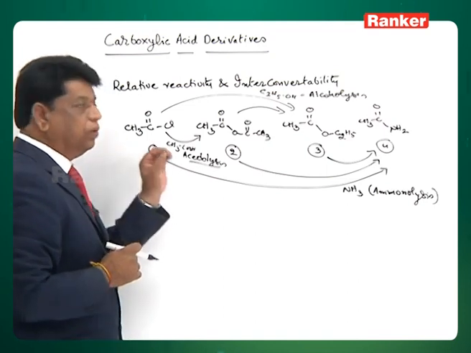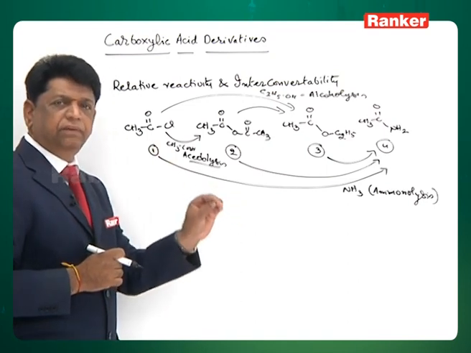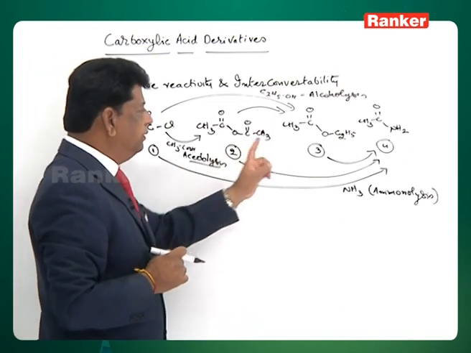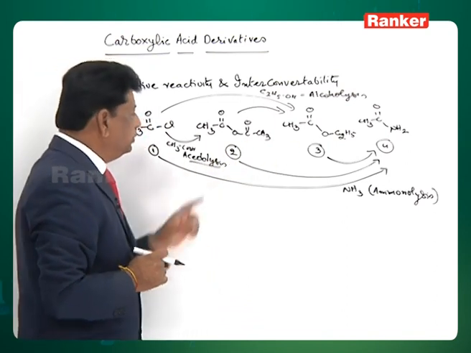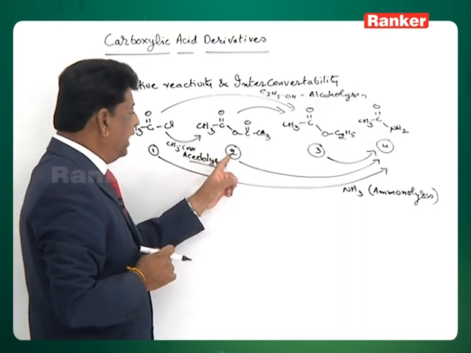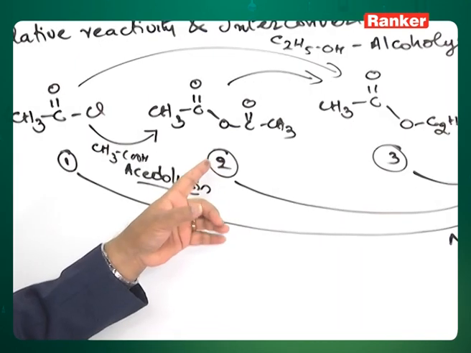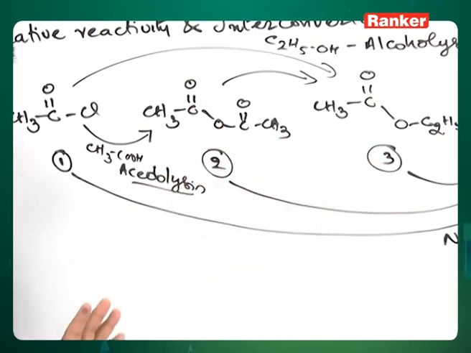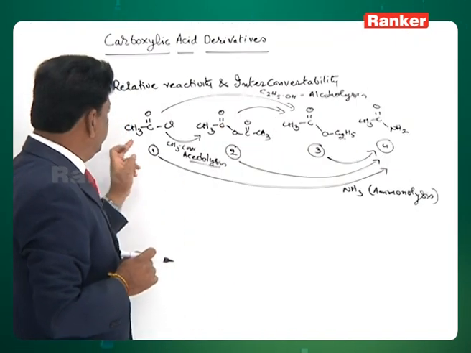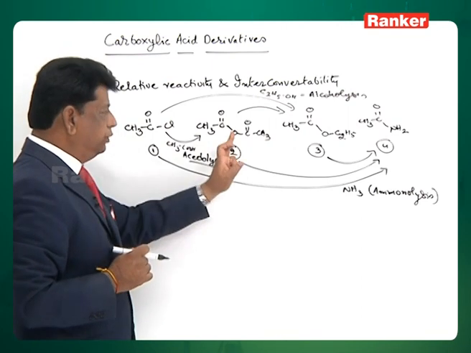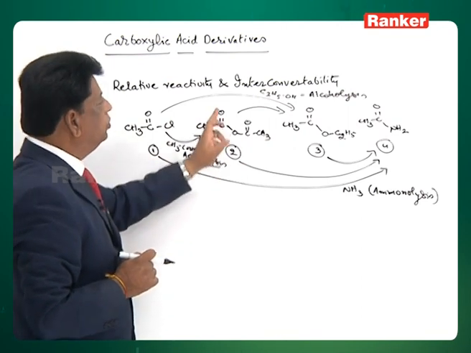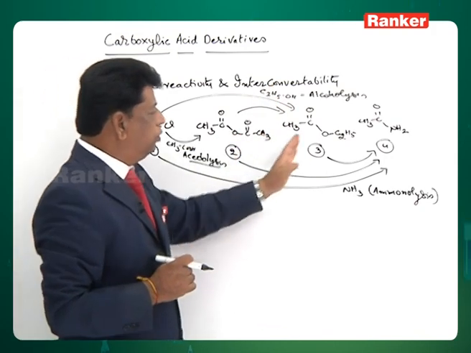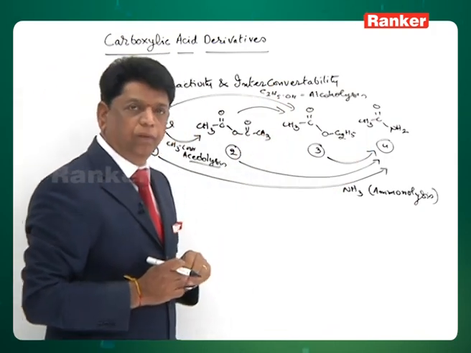Which compound undergoes acidolysis is one basic principle. Will 2 be converted into 3 by acidolysis? No. So 2 is more reactive, isn't it? Since it is already an acidolysis product, it will not undergo acidolysis. Therefore, 1 undergoes acidolysis to give 2, 1 and 2 undergo alcoholysis to give 3, and 1, 2, 3 undergo ammonolysis to give 4, isn't it?